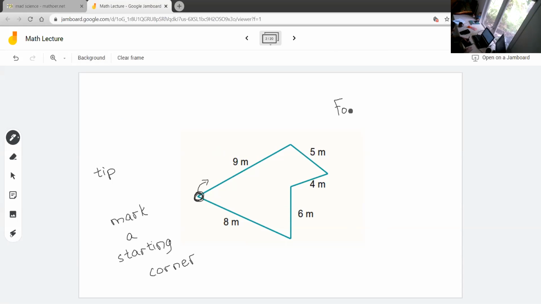We also said that for perimeter, the answer is a length. So it's going to have something like inches, feet, meters, something like that as a label.